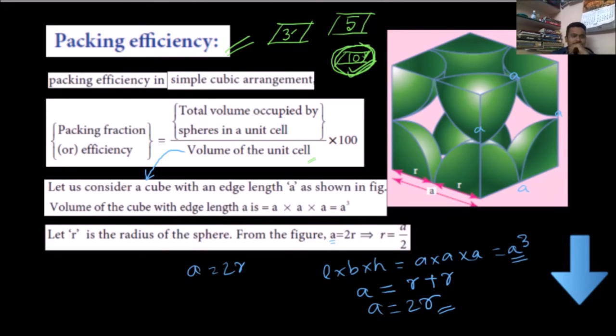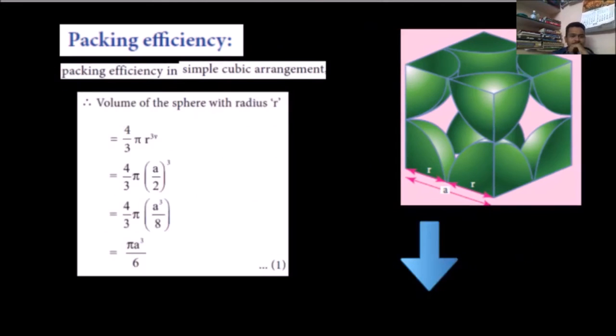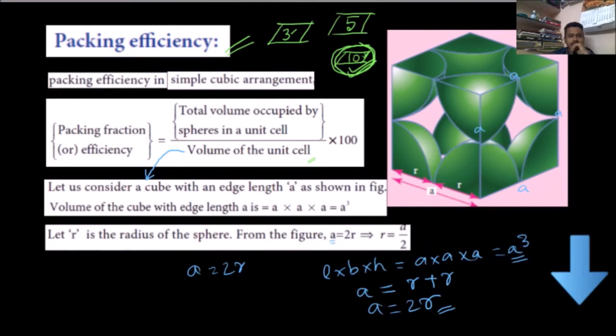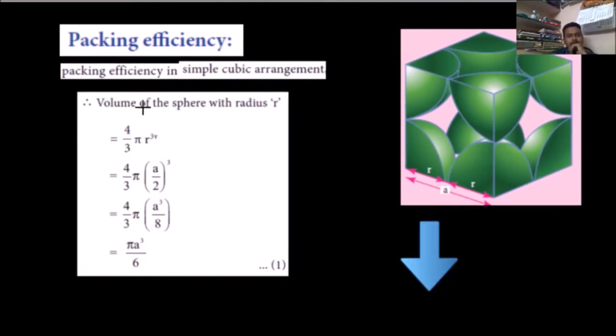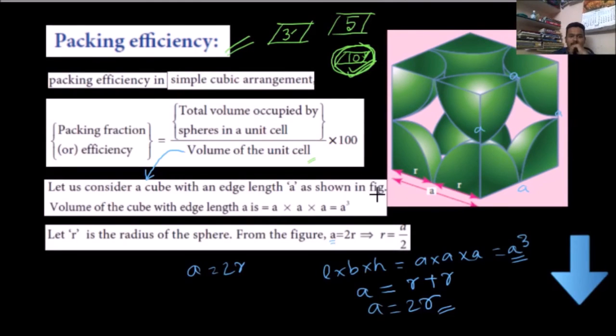And next one, what is the next one? The volume of the sphere with radius R. The volume of the unit cell you have found, no problem, over. Now what you are trying to find out is the total volume occupied by the spheres in the unit cell.